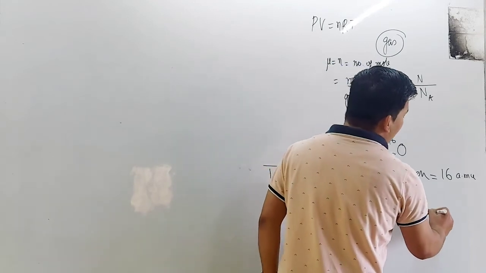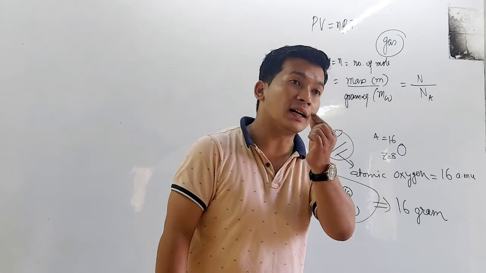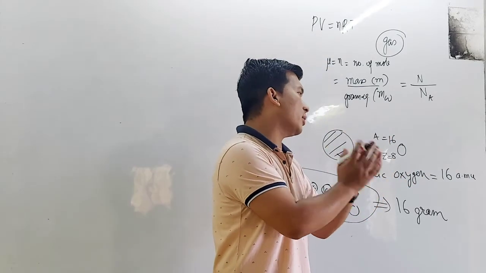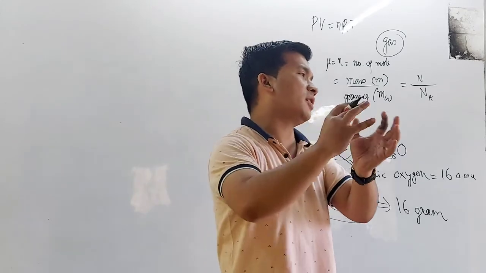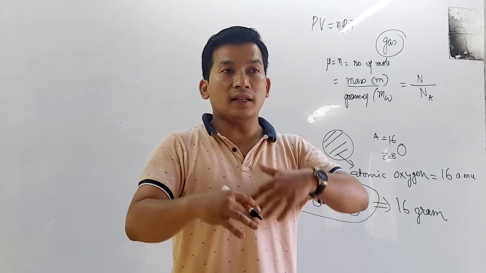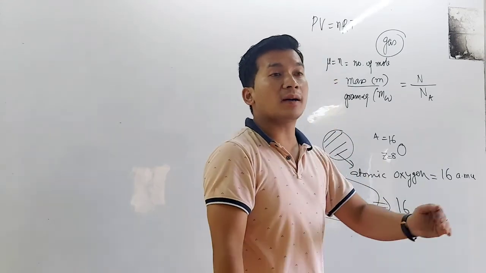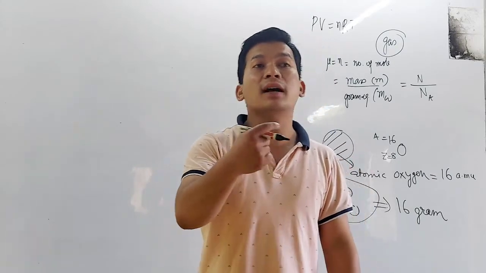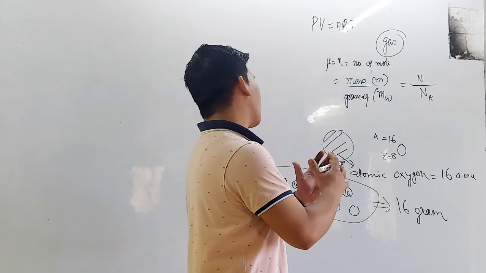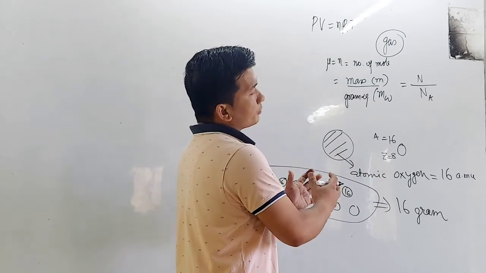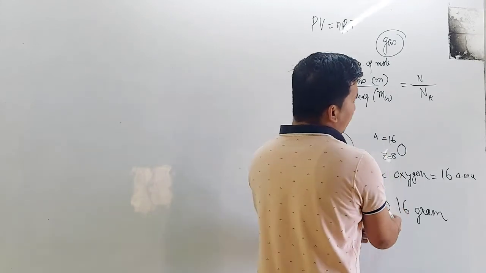A single atomic mass unit is very, very small, so we take 16 atomic mass units repeatedly so that it is equal to 16 gram, which is measurable. We collect oxygen atoms so that it is equivalent to 16 gram.